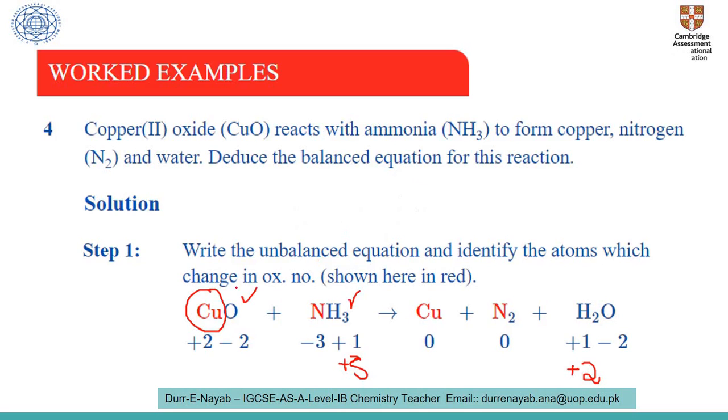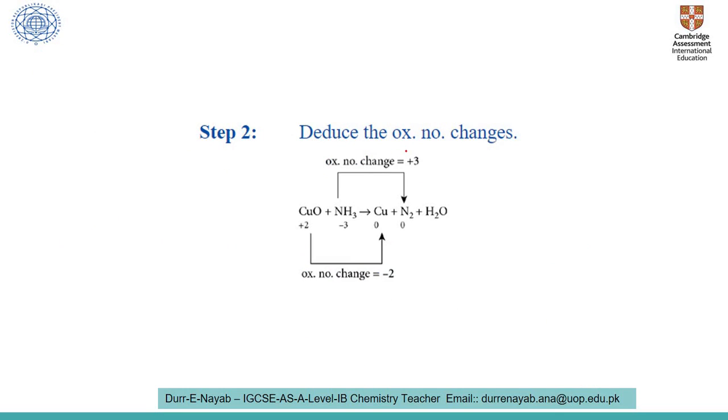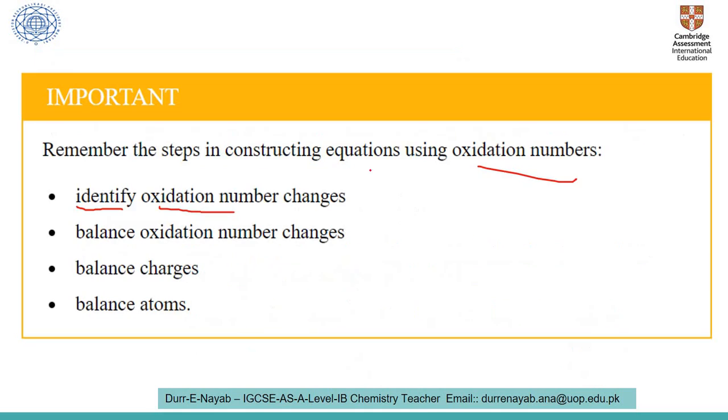Now this was step 1. Now we have to move to step 2. What you have to do is tell how much the oxidation number is changing in those elements. The second step is to balance the oxidation number. Before balancing, first we have to check by how much the oxidation number has changed.